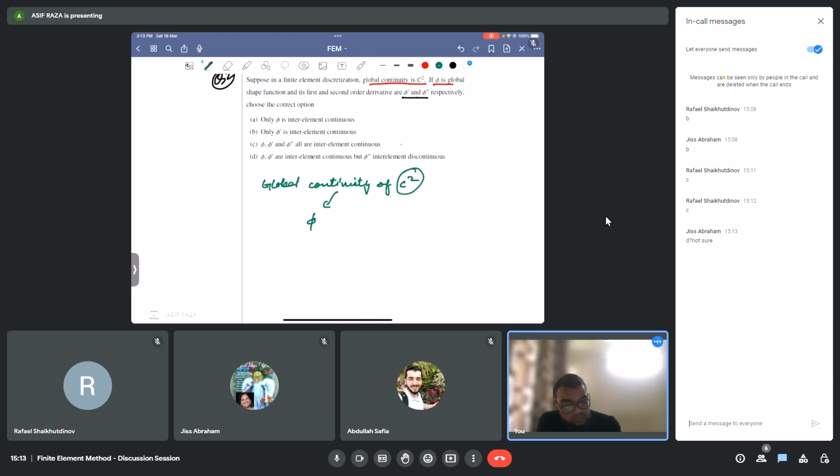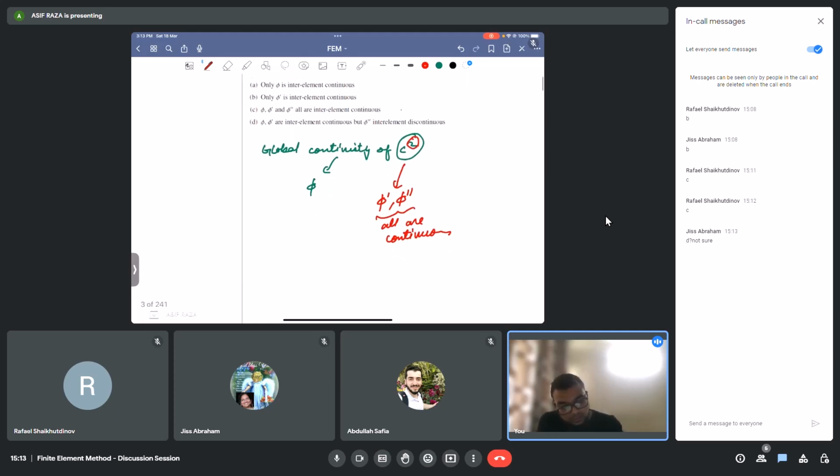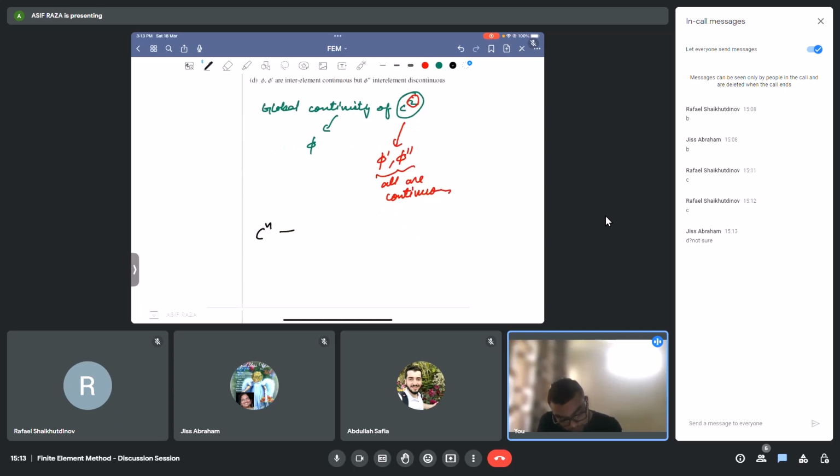C2 implies that its first derivative and its second derivative are all continuous. In a general sense, Cn implies the function and its derivatives up to the nth are all continuous.